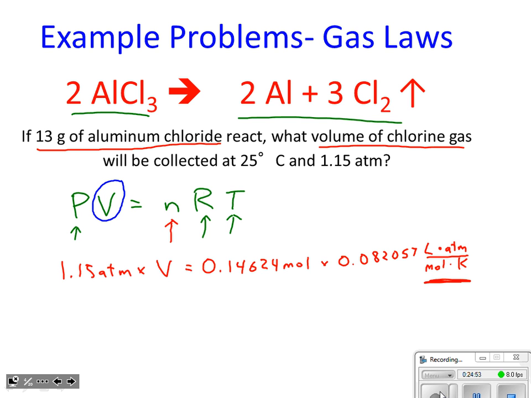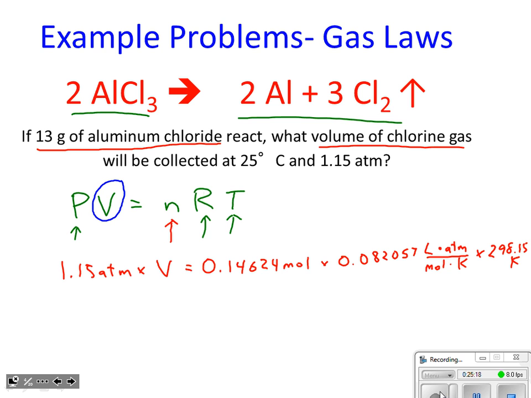It's not in atmospheres. So the pressure could change. But I'm not going to do that to you yet. What's the final thing I need here? T, which is temperature, 298.15 Kelvin. I converted it.